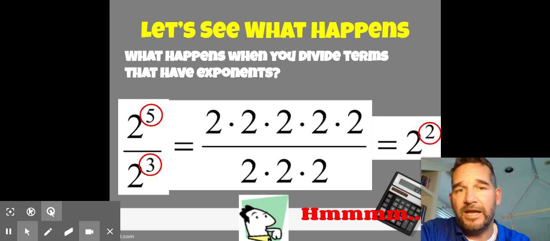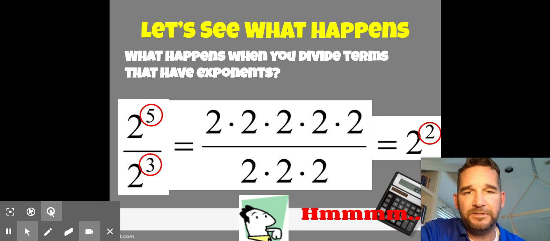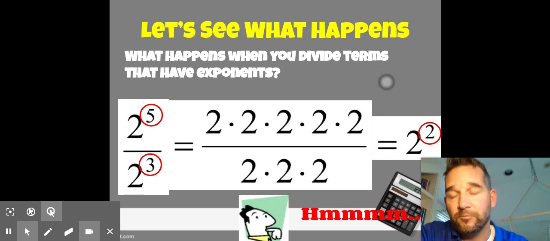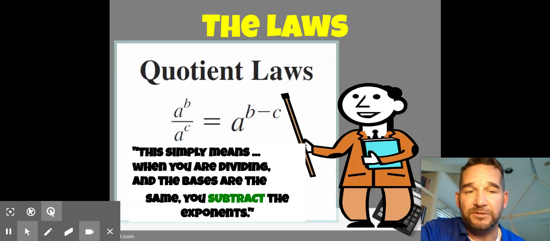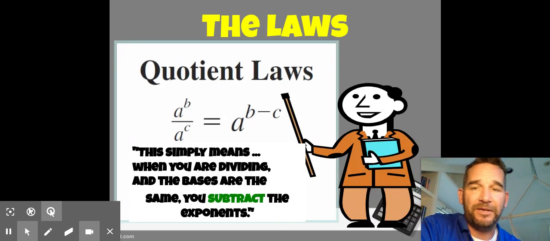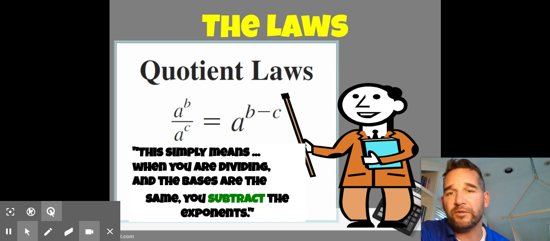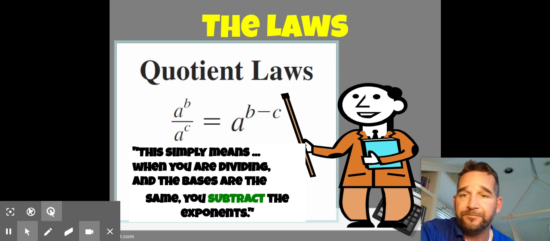Now, if you said, you know what I think happens? I think that when you look at the exponents, they're subtracted. You're absolutely right, okay? Our final law that we're going to look at with exponents says that if I have an expression with a base of a and another expression that's divided with the same base, in this case a, you just simply subtract your exponents.